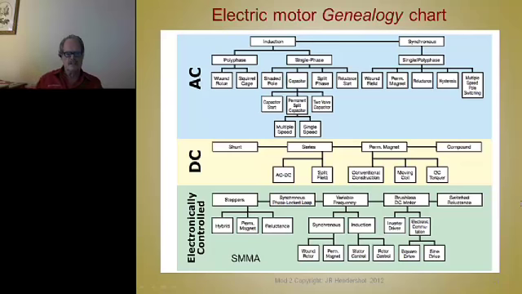This is the motor genealogy chart that we listed before, and we're going to study this induction motor, which is electronically controlled, and this reluctance machine, which is also electronically controlled.